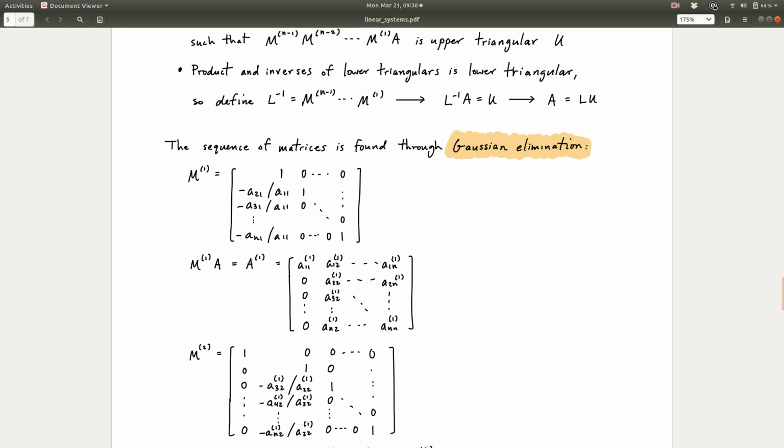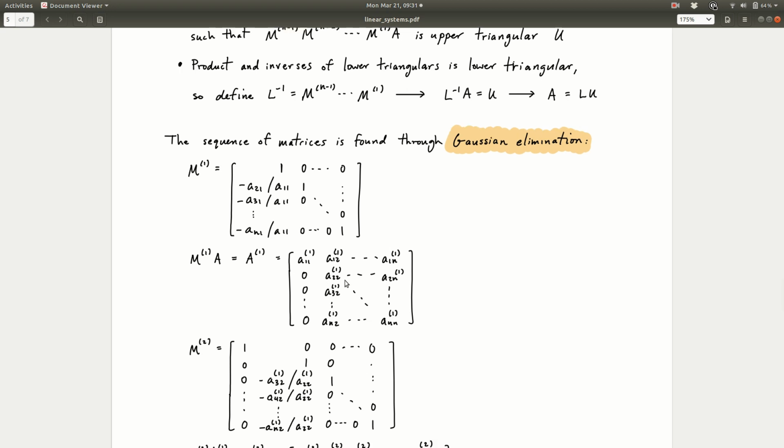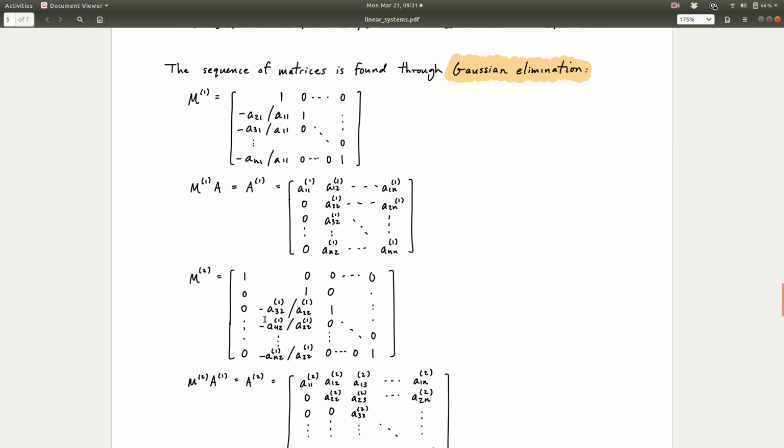This could happen anywhere along the way. Suppose the first one works, but we get to the second one, we do this multiplication, and we find that A22 is 0. Then when we go to form M2, we're going to get minus A32 superscript 1 divided by A22 superscript 1, which is 0, and we're out of luck. So this could fail at any step if the diagonal entry, the KK superscript K minus 1 entry, is 0.